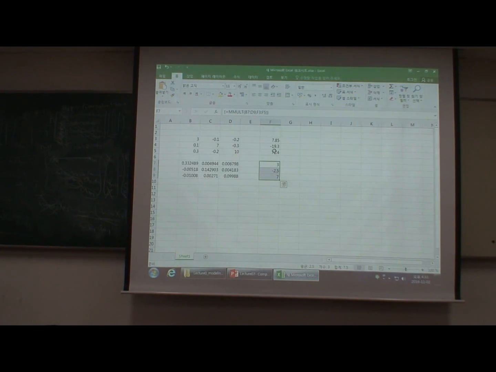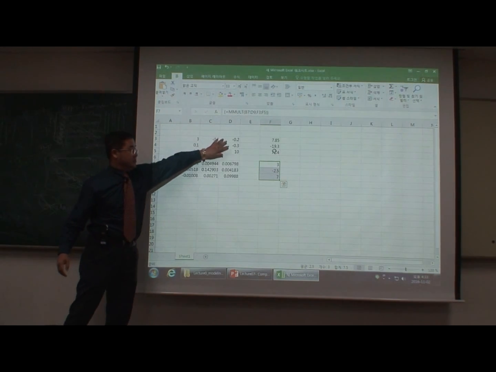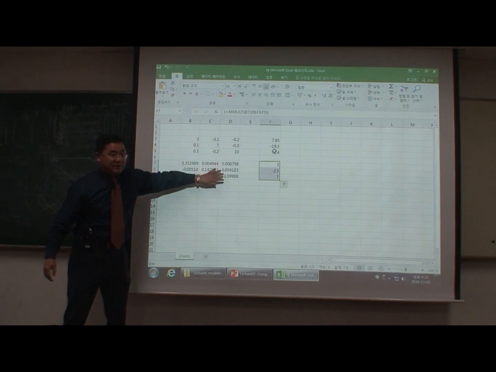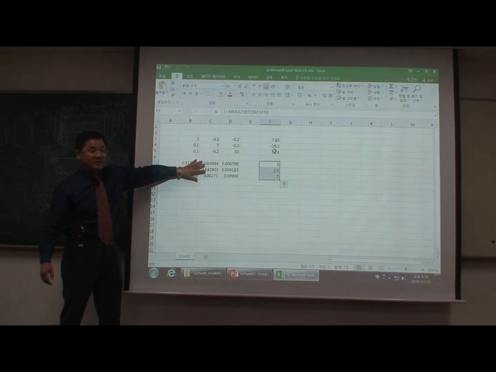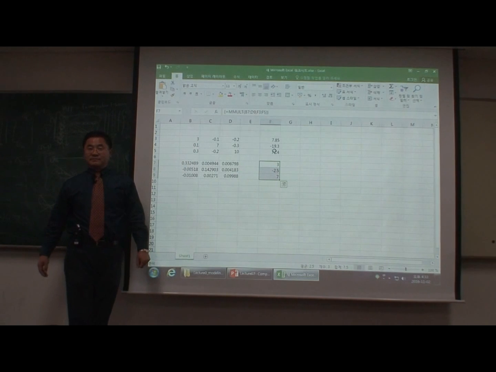Because in Excel, they have functions to calculate the inverse matrix. So I chose this coefficient, and then updated by using functions inside Excel. This is the inverse matrix. If I multiply this with this, I get my solution.